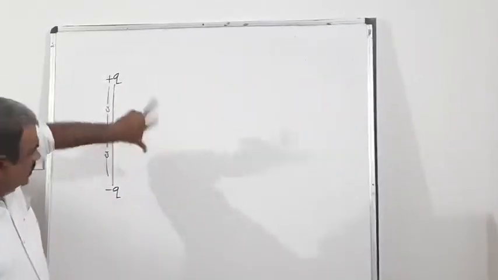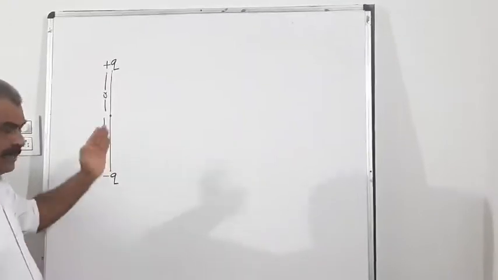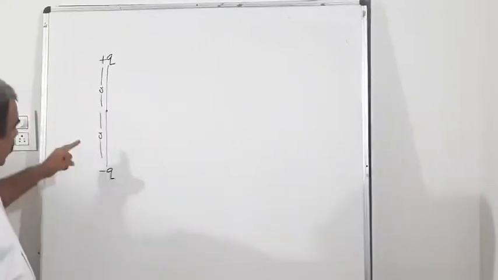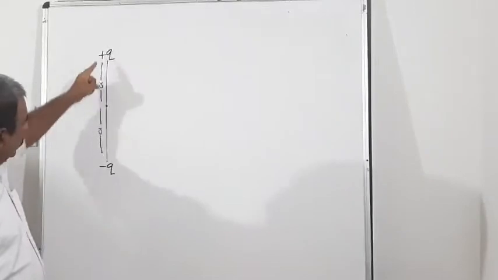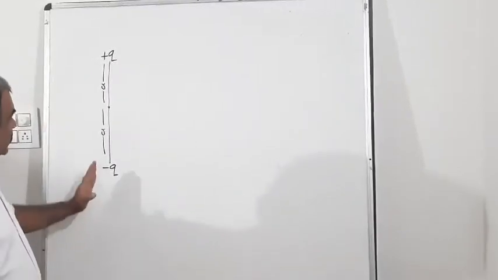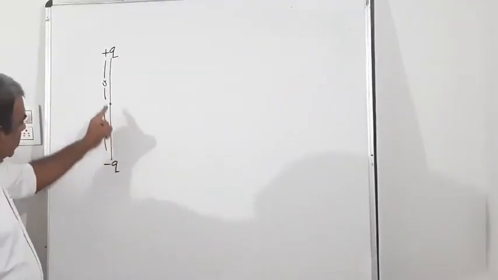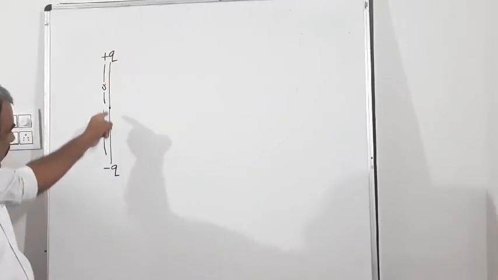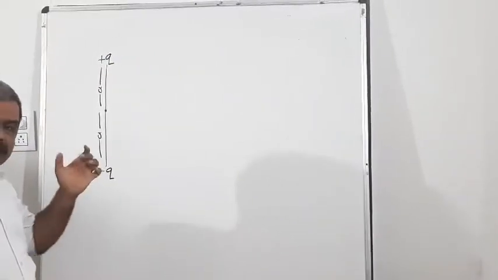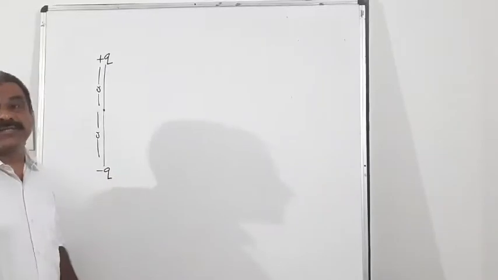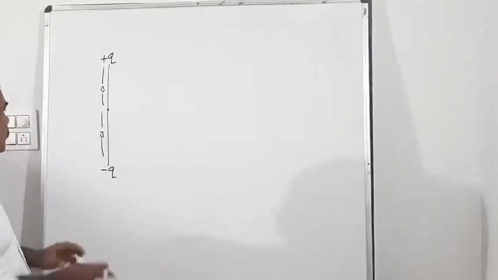See, now I have drawn just the vertical view of the dipole. Previously it was the horizontal view. The dipole has plus Q charge and minus Q charge. Now, this line is passing through both the charges of the dipole. This line which passes through both the charges of the dipole is called the axial line.